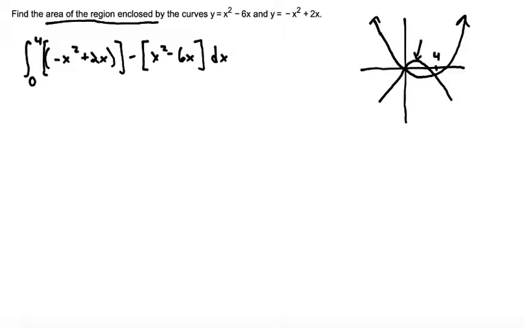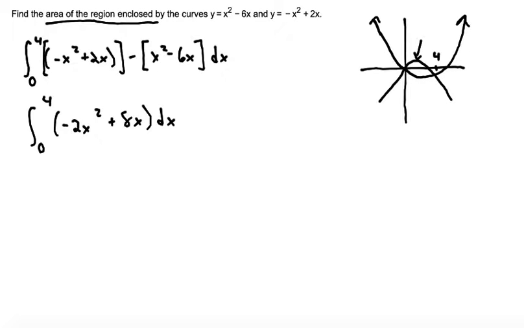So we can simplify this to make it the integral from 0 to 4 of, we have a negative x squared and then another negative x squared. So that makes negative 2x squared. And then a plus 2x minus a negative 6x makes plus 8x dx.